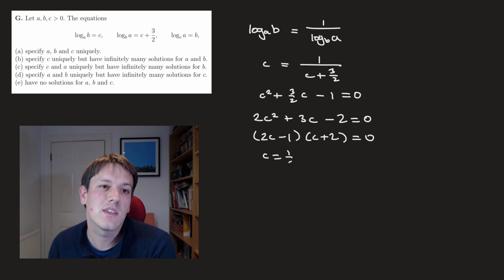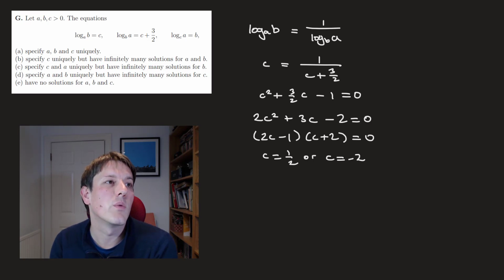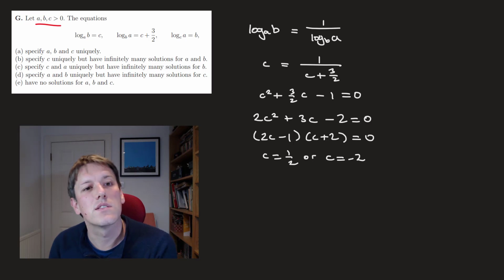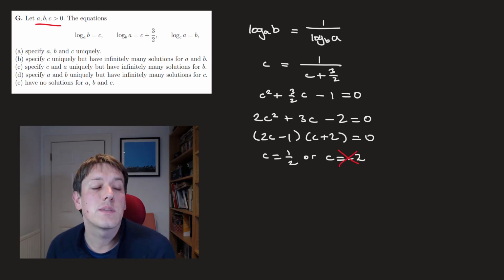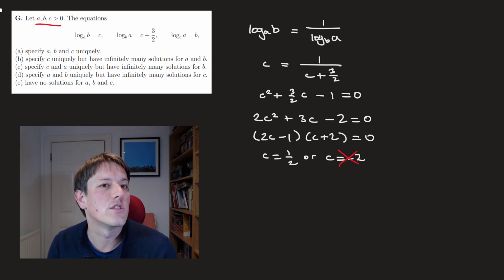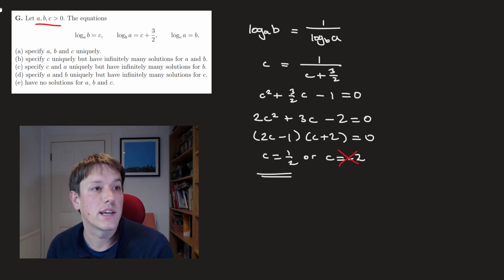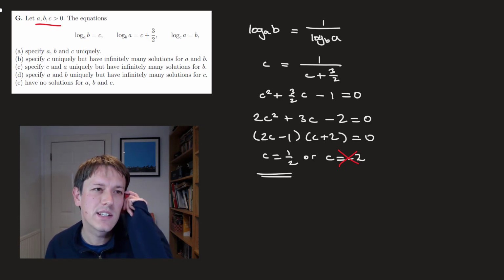So that gives me c equals 1/2 or c equals minus 2, but we know that a, b and c are bigger than 0, so it's not going to be c is minus 2. So at this point we know that these equations do at least specify c precisely, uniquely.